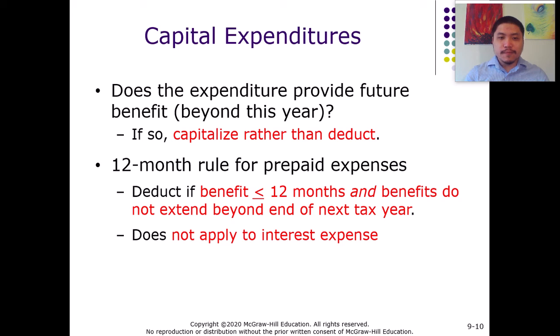So generally, there's a 12-month rule that the IRS wants you to follow. So what does this rule tell us? Basically, taxpayers can only deduct the expense if the benefit this cost brings to the taxpayer is shorter than or equal to 12 months, and the benefit does not extend beyond the end of the next tax year.